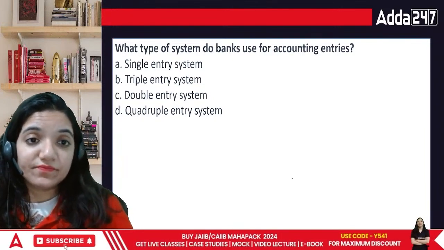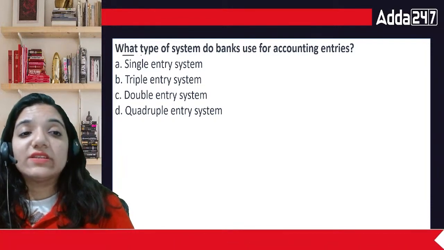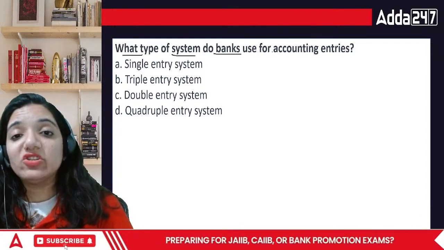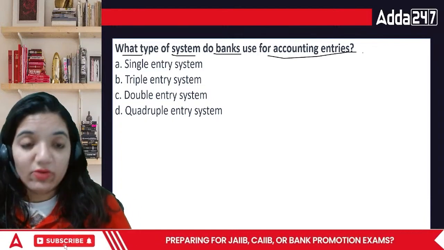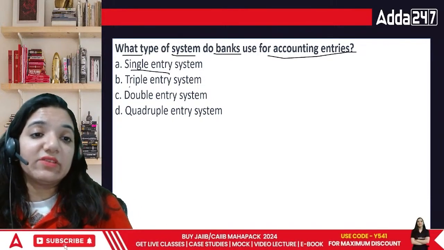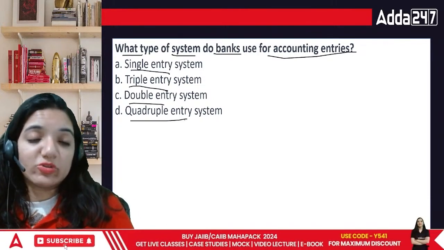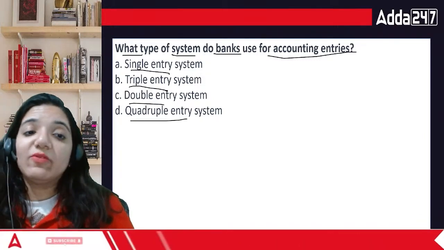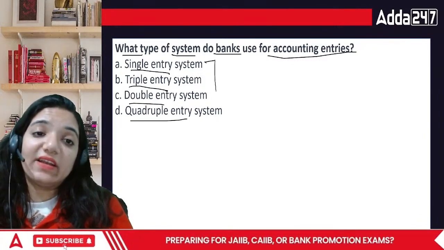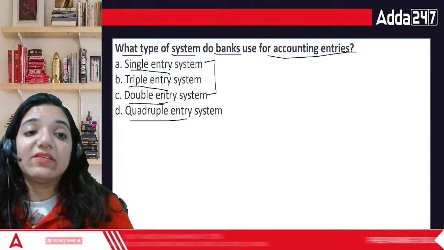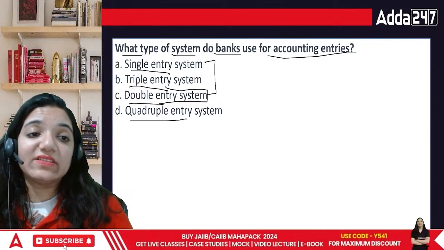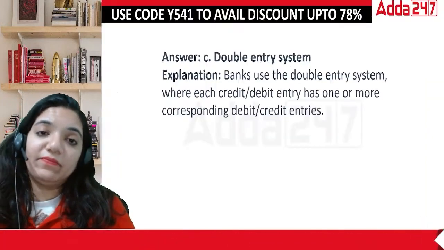Okay. What type of system do banks use for accounting entries? Single entry system, triple entry, double entry, or quadruple entry. In accounting, we have only two kinds of systems, single entry and double entry. In this case, the method that we are going to use is the double entry system of bookkeeping.